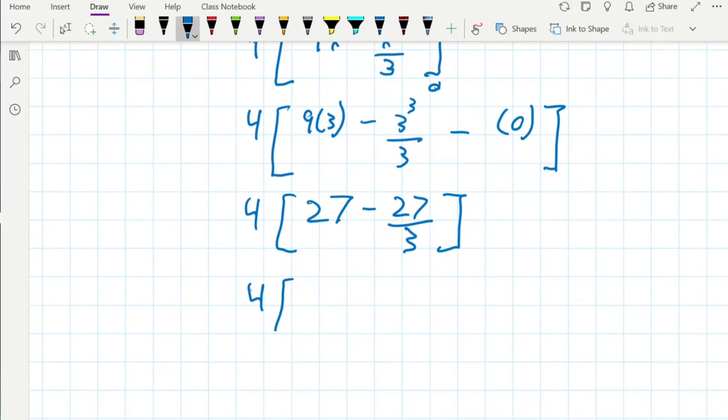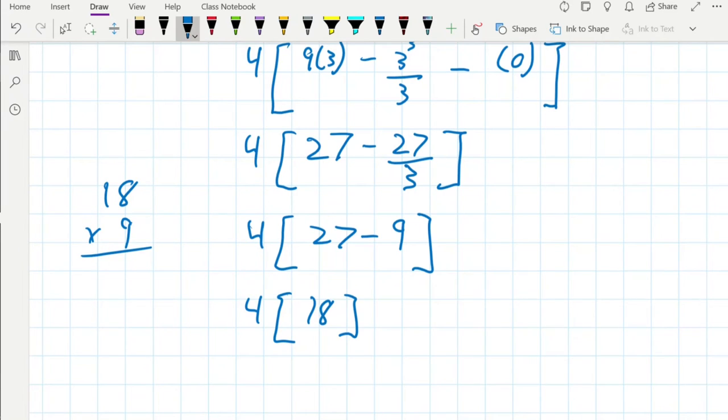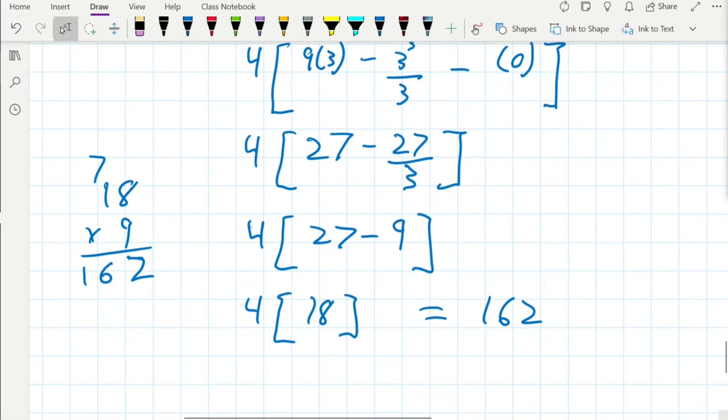So 4 times 27 minus 9, so 4 times 18, which that should be 162. I think it looks a little too high for it to be the correct amount. I think I did some of the subtraction incorrect.